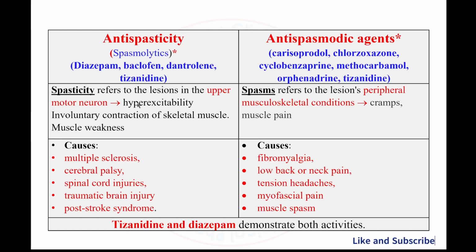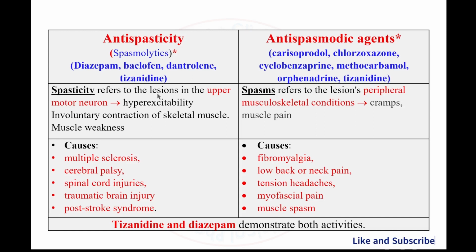So we need to remember that spasticity is associated with a lesion in the upper motor neuron. Some examples of lesions in the upper motor neuron, in the central nervous system, are multiple sclerosis, cerebral palsy, spinal cord injuries, traumatic brain injury, and post-stroke syndrome.